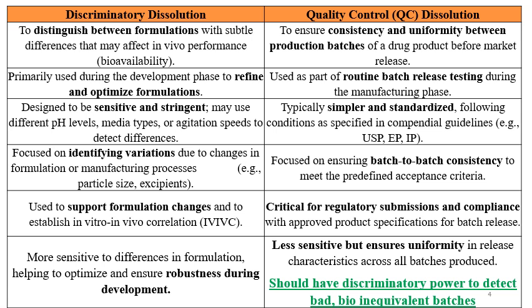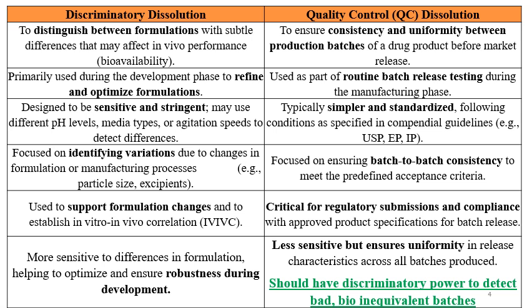Discriminatory dissolution testing is designed to be sensitive and stringent, and may use different pH levels, media types, and agitation speeds to detect the differences between the formulation batches. And QC testing is typically simpler and standardized, following conditions like monograph conditions and compendial guidelines, USP, EP, IP.